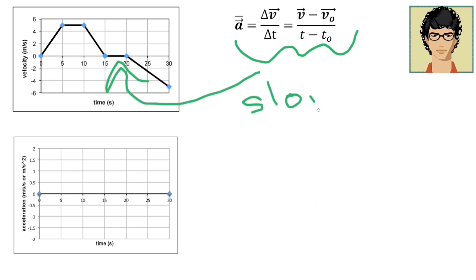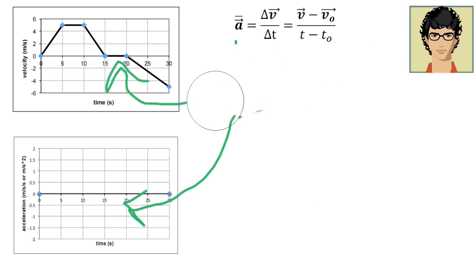It's another formula for slope, but it pertains to velocity instead of displacement. The change in velocity over change in time, rise over run. And that slope will translate to this graph over here, acceleration versus time in meters per second, or we can say that as meters per second squared.